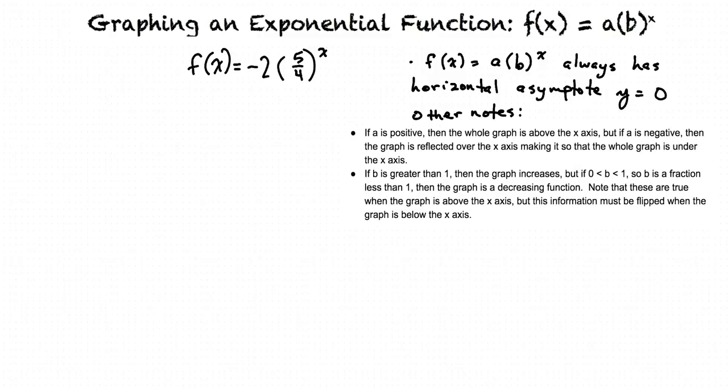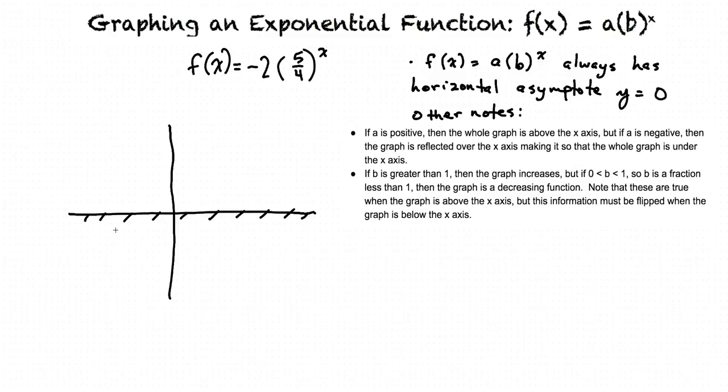From this information, what should our graph at least look like? Well, we already know that there's a horizontal asymptote at y is equal to 0. And then because the coefficient is negative, that means that the graph is under the x-axis. Then, because b is greater than 1, that means that the function increases.